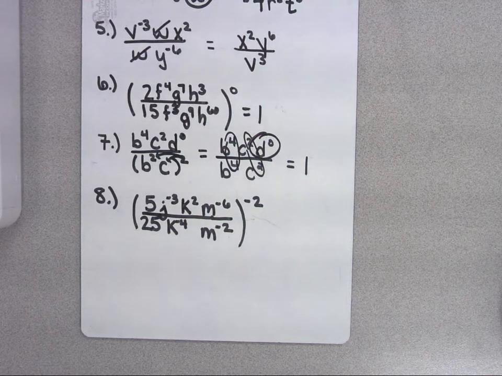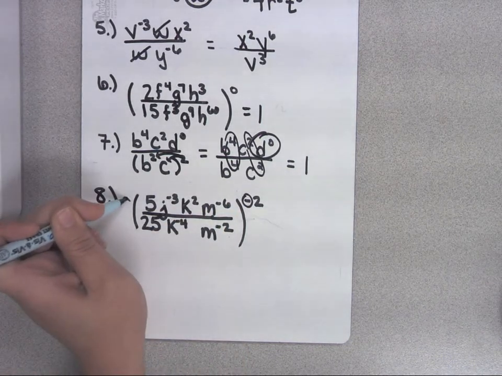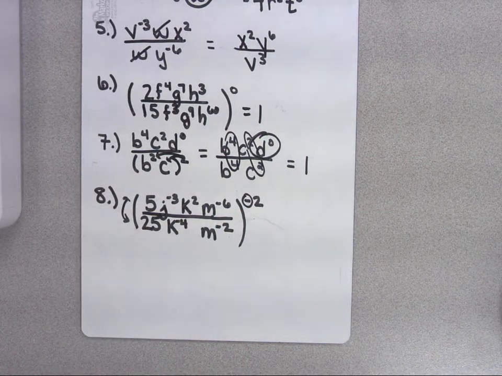You want to know the real problem? When there's a negative out here, what do we do with negatives? We cross them over to the other side, don't we? When there's a negative out here, this fraction has to be flip-flopped. You have to flip the whole thing.